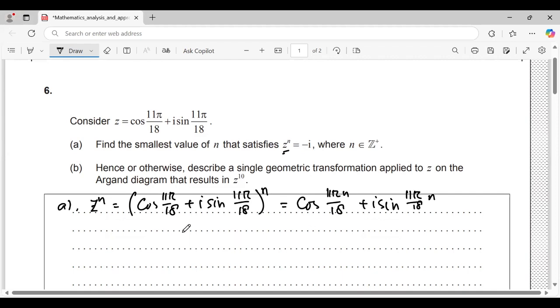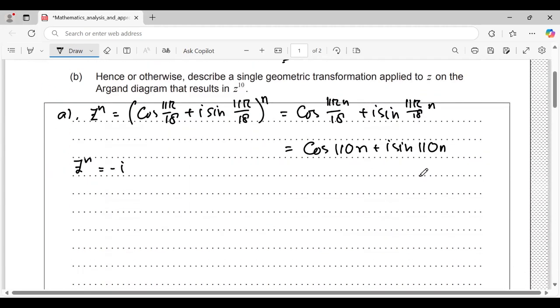And the condition is Z power n equals minus i, so the imaginary part is minus 1.